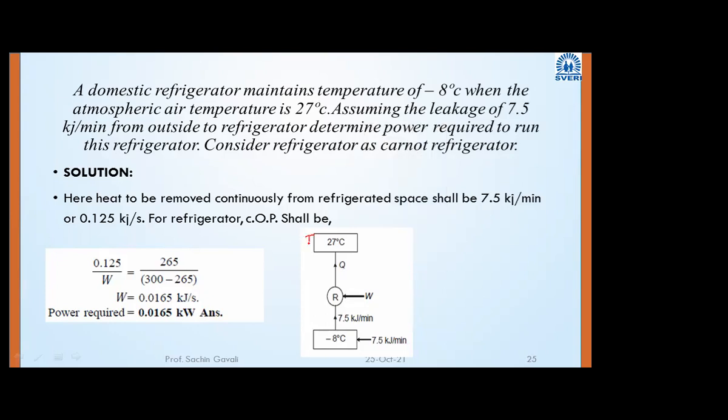Let us consider this is T1, which we call Q1, and this one we call Q2, at temperature T2. Okay, so T1 is equal to 300 Kelvin, and -8 degrees Celsius is 265 Kelvin.